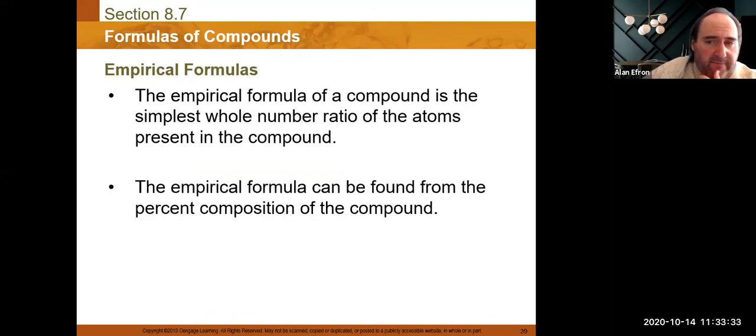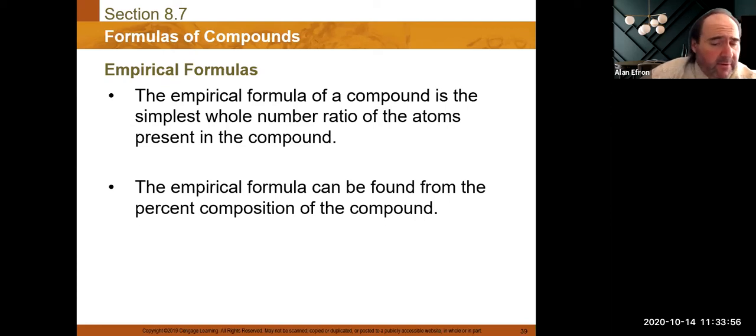The empirical formula is really the simplest whole number ratio of what's present. It doesn't necessarily tell you exactly how many atoms of hydrogen or carbon are there, but it does give you the simplest ratio of each of the elements to each other.